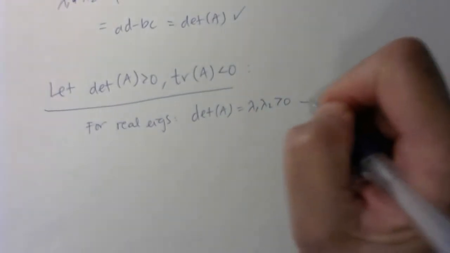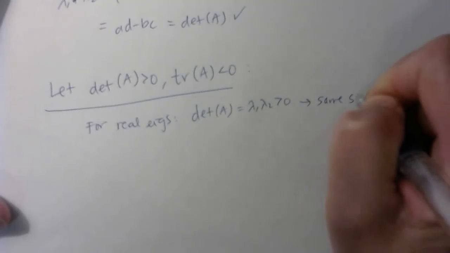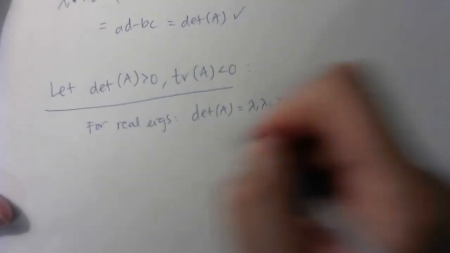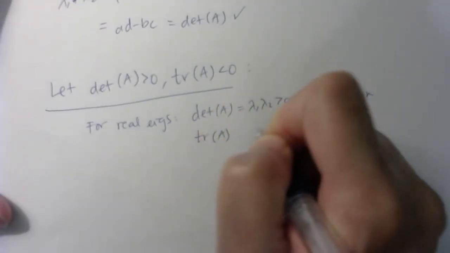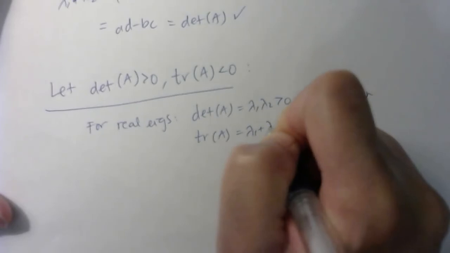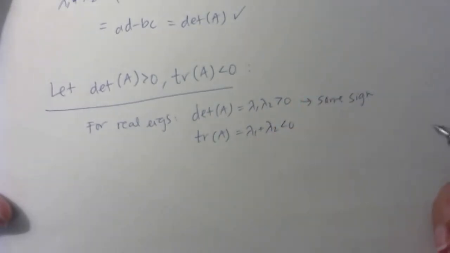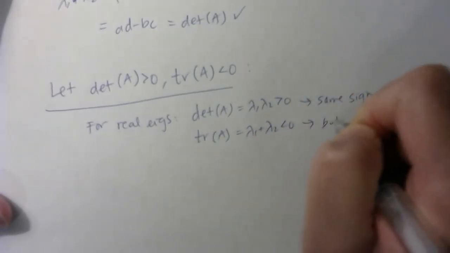That means they are the same sign, right? They're both negative or they're both positive. Trace of A, lambda 1 plus lambda 2, less than 0 means they better both be negative.